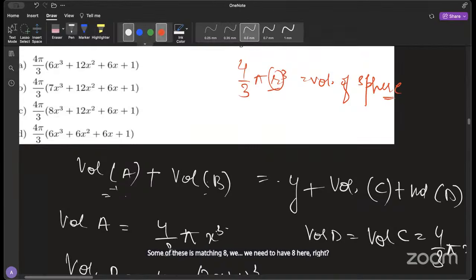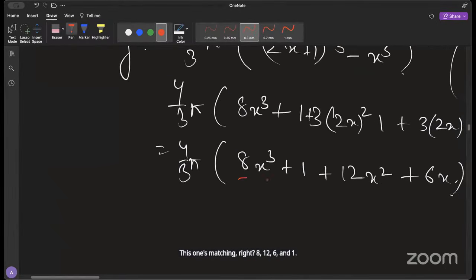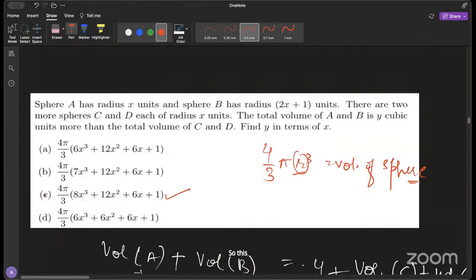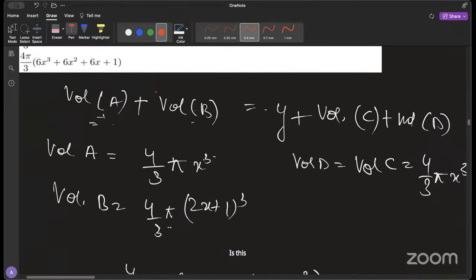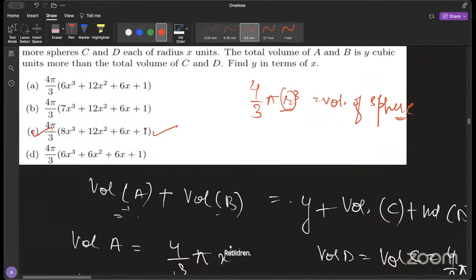So this one's matching, right? 8, 12, 6, and 1. So this should be the area. This should be the correct option. Is this fine? Yes, ma'am.